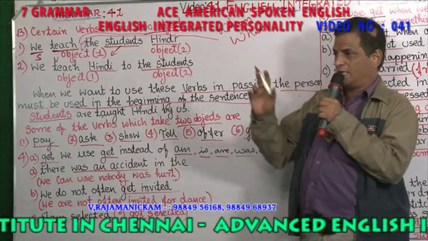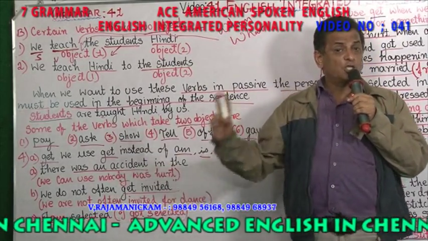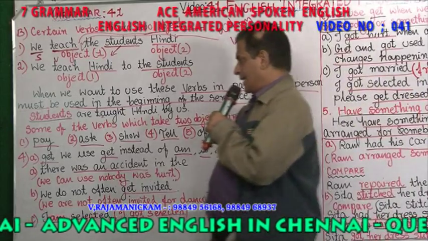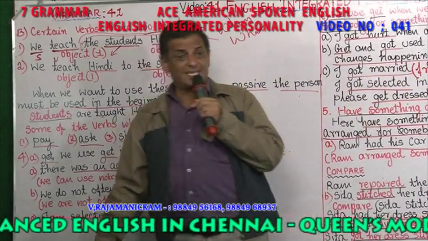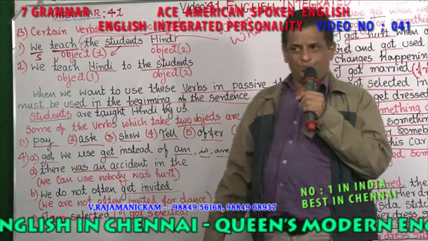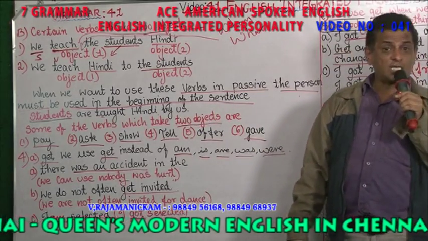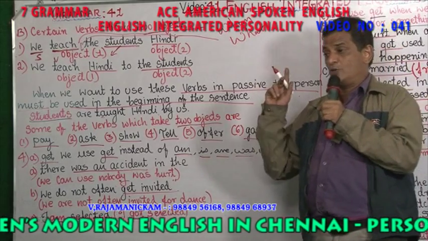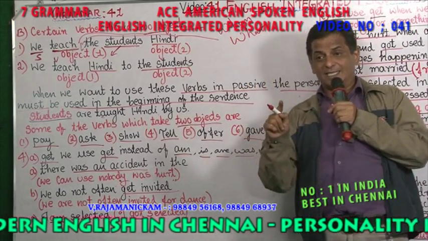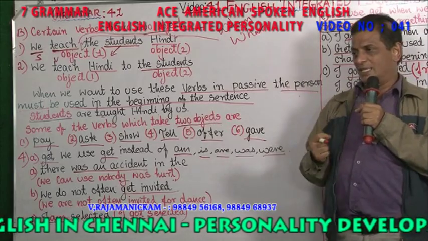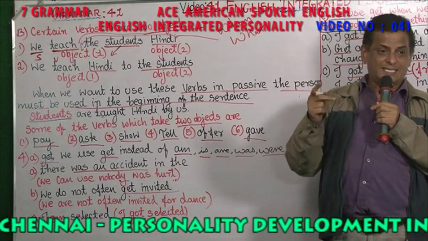Some verbs take only one object; these verbs take two objects. See, get. What is get? I got selected. In a sentence, only one verb should be there. Got is a verb, selected is a verb. How does got come in? I got selected.